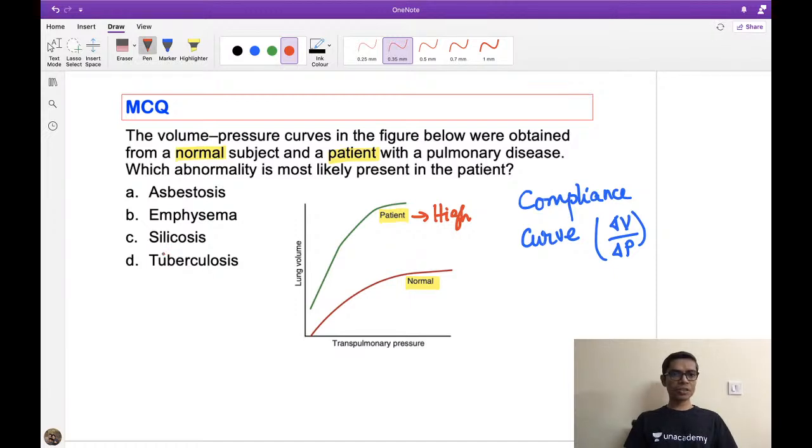In emphysema, we all know that compliance increases, so the answer here is emphysema.